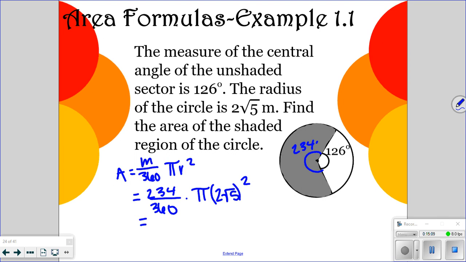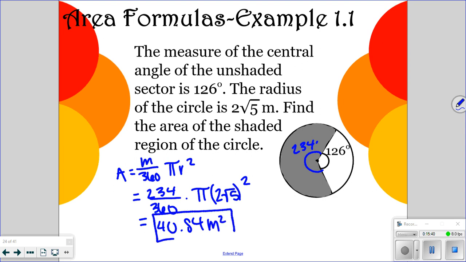So if you plug that into your calculator, you're going to have 234 over 360 times pi, and then times, you have to be careful when you plug this into your calculator. You've got to make sure that you square the 2 and the square root of 5. And so if you plug it in correctly, you should get 40.84, and it's in meters.